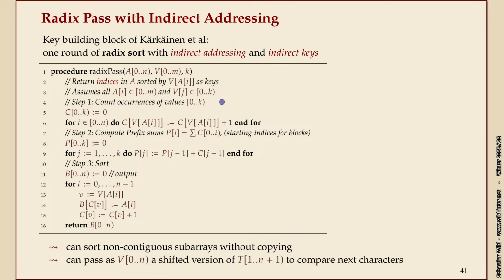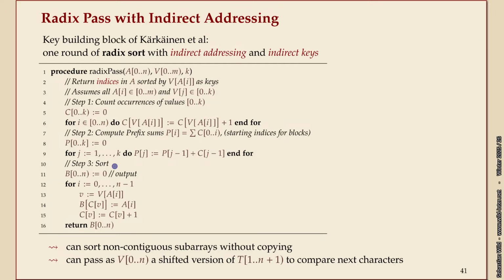So first step is counting sort. You count how often each value occurs. That's this part. You take the value of the ith index and increment that counter. Then you do prefix sums of these counters. By that you turn the counts into the target indices for the sorted order. So this just computes the cumulative sums of the counts.